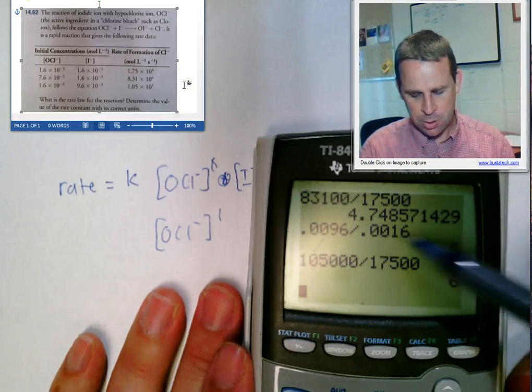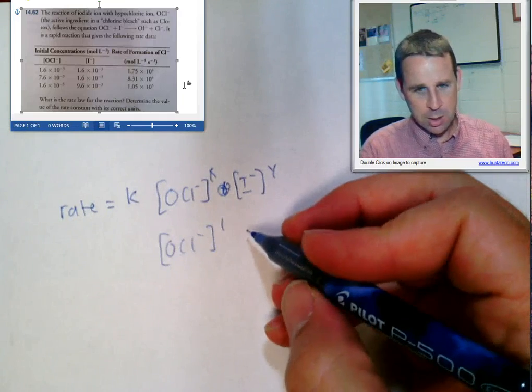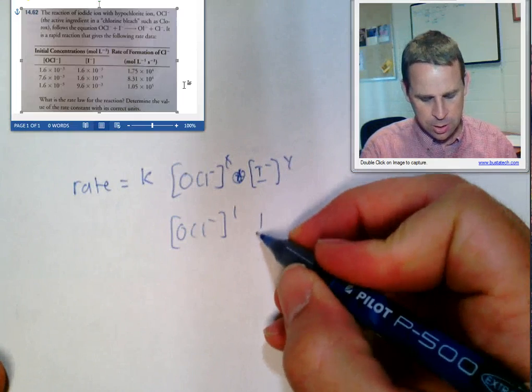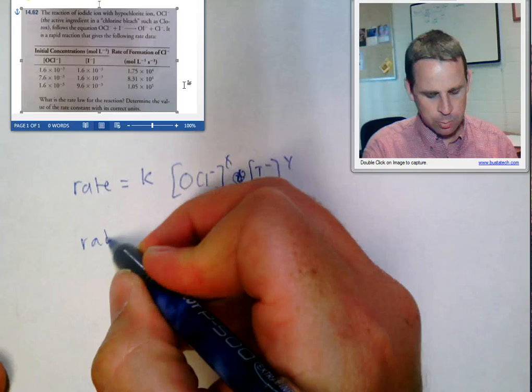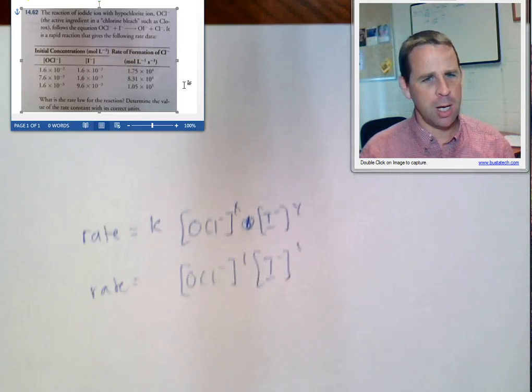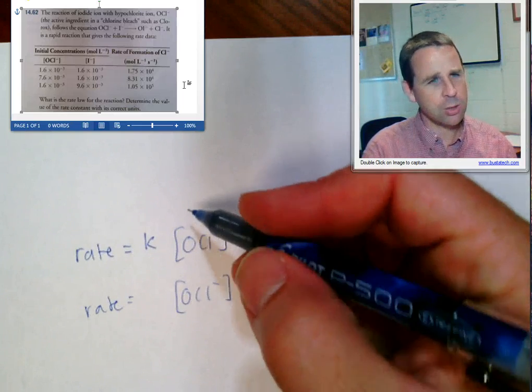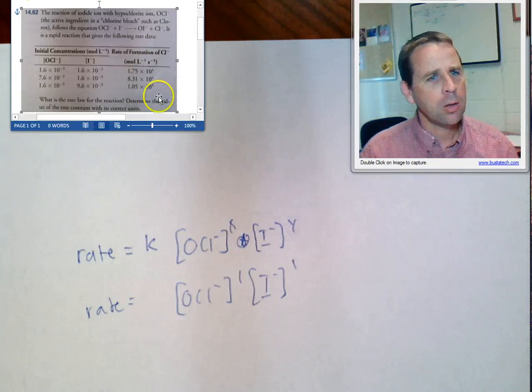So I increased the concentration threefold, and the rate goes up sixfold. So that means the exponent on the iodide ion is also 1. So we have rate equals K, and now we can solve for K by taking the concentrations of, let's say, any of the lines. Let's say the first line.